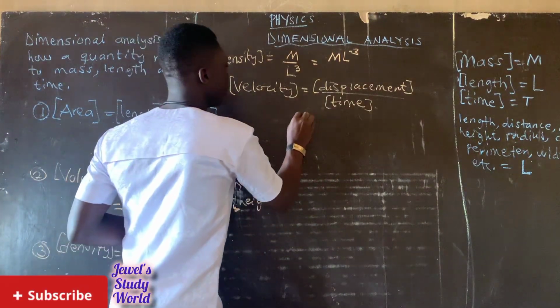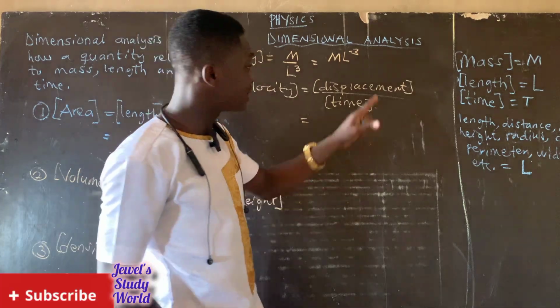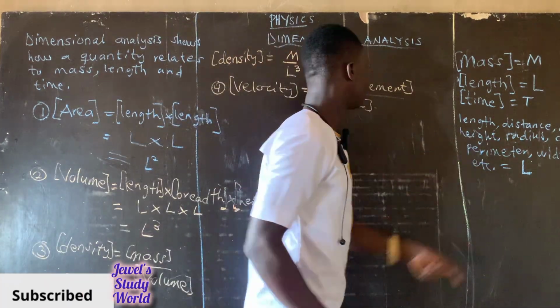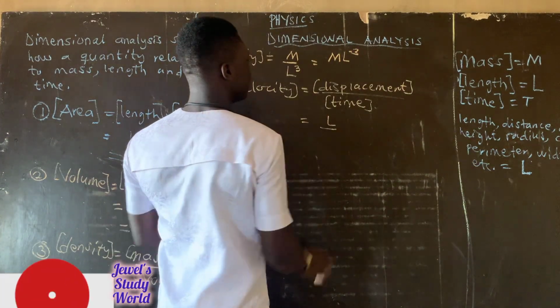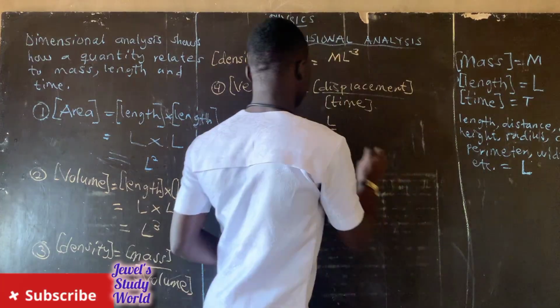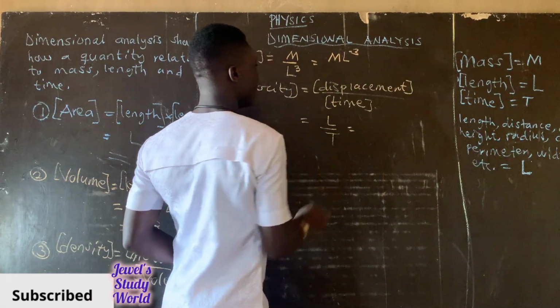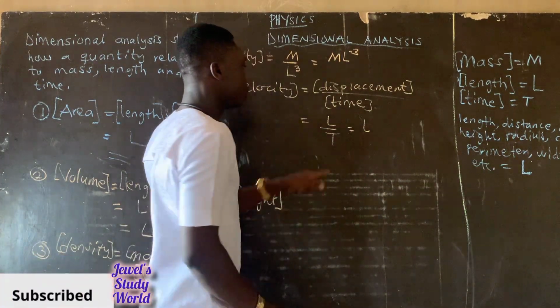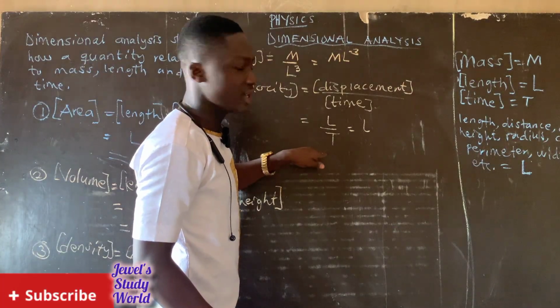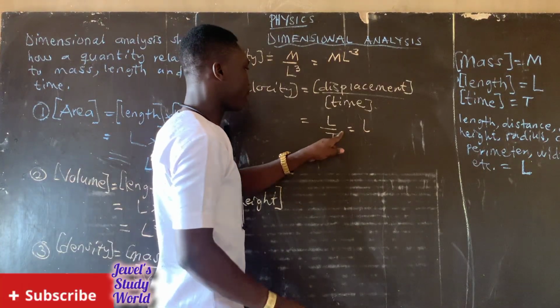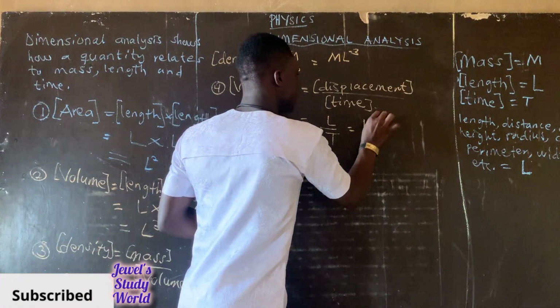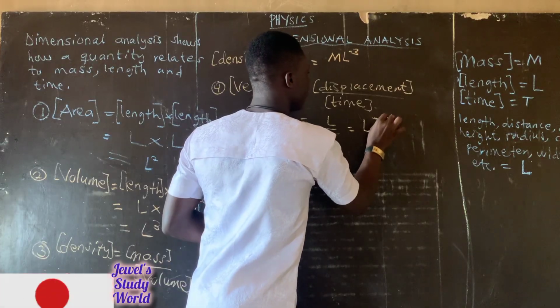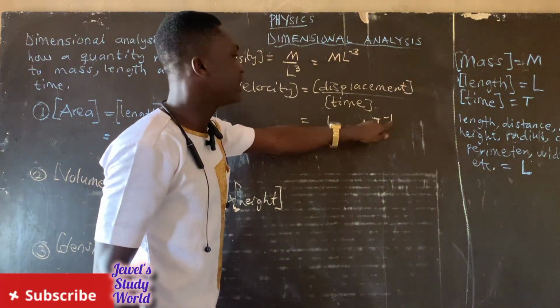The dimension of displacement here is L, so I have L over T. I have to bring the T up as a numerator. The T has a power of 1, so it becomes T negative 1. So I have LT negative 1.